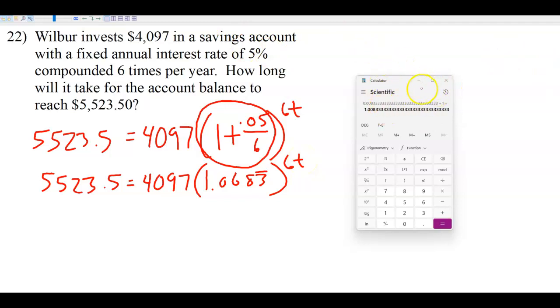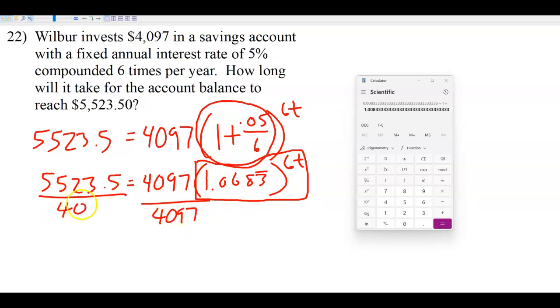And now we're ready to go ahead and start using our steps for solving exponential equations. This is the exponential part right here. So I want to get this by itself, which means I want to get rid of the 4097. So I'm going to divide both sides by 4097 first. So that goes away. And for the left side, I need my calculator.